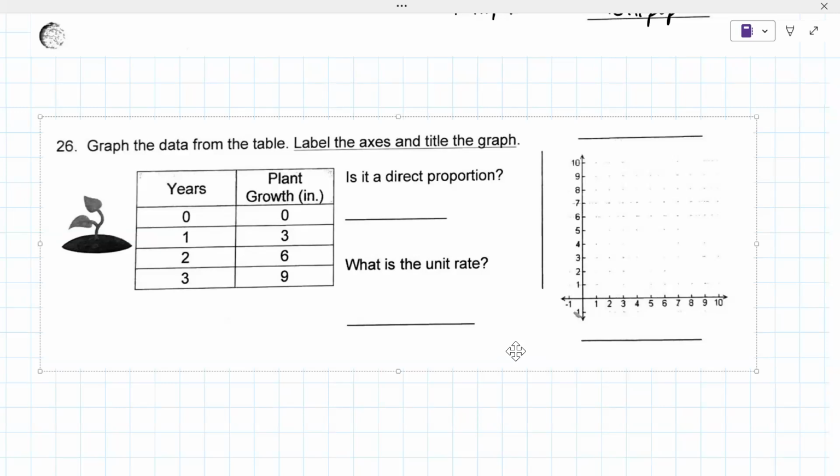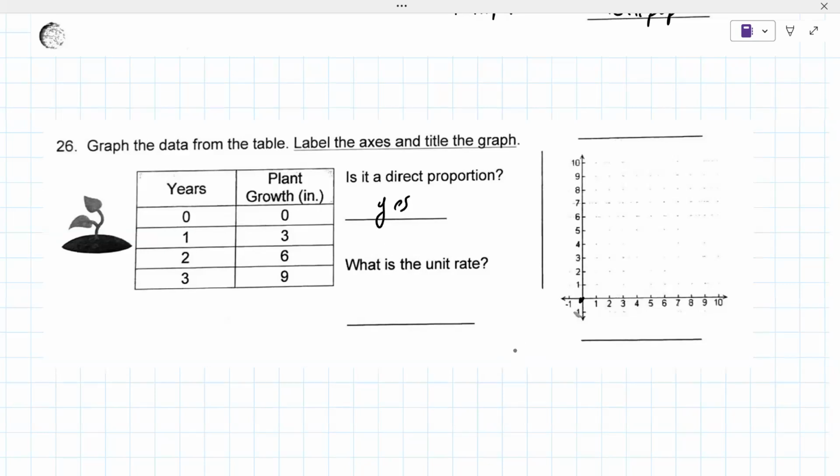So yes, the unit rate is 3 inches per year. Yes. Perfect.